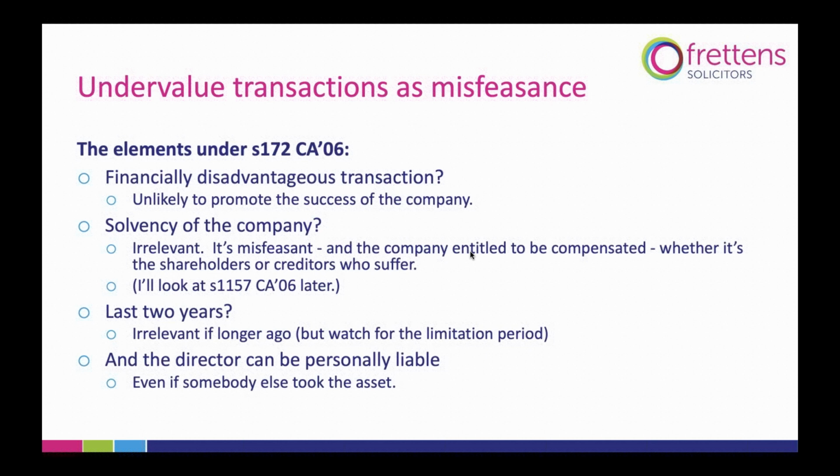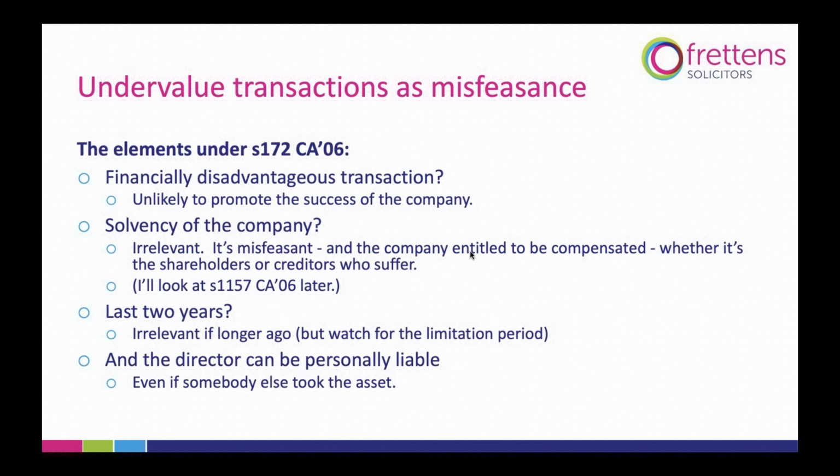So the elements that we've got here, firstly, if we've got a financially disadvantageous transaction, if you've got the director's Range Rover being sold for book value, which was about half what its trade value actually was, then yes, you've got the financially disadvantageous transaction, and that's unlikely to promote the success of the company.